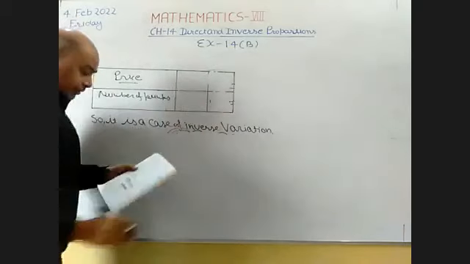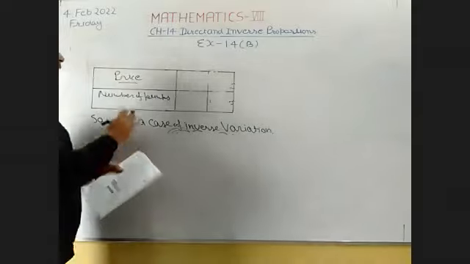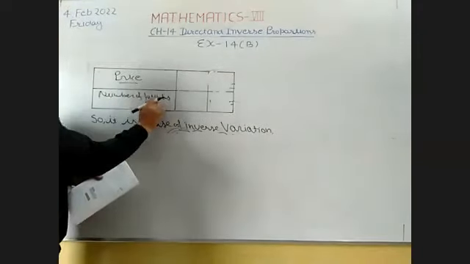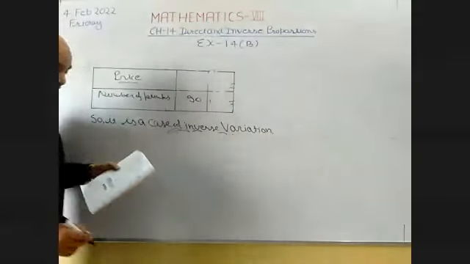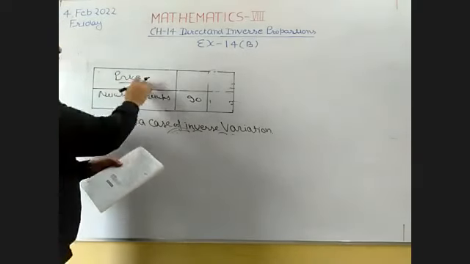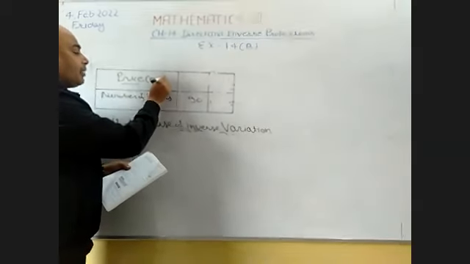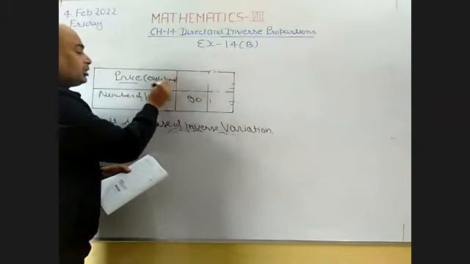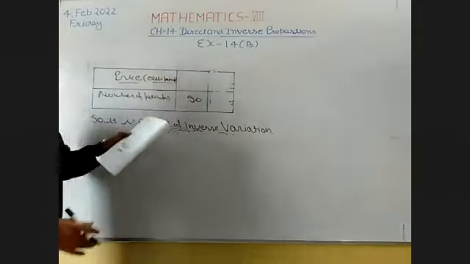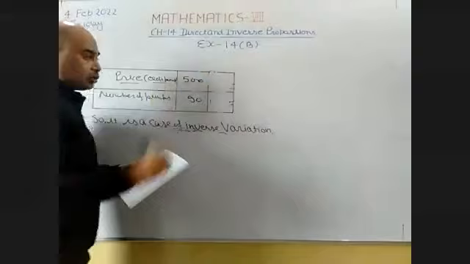Now check what is given. In this question, it is given that the number of pumps is going to be 90. So I write here number of pumps 90. And this is the price of each pump. So the price of each pump is going to be 500. It is given in the question.